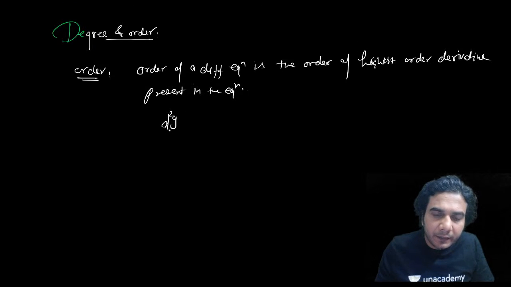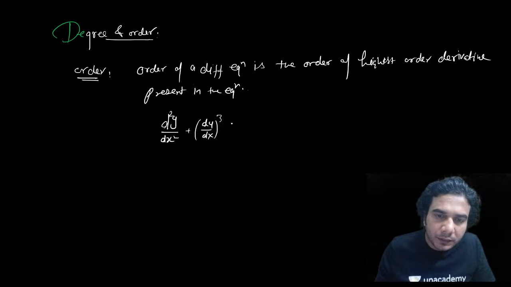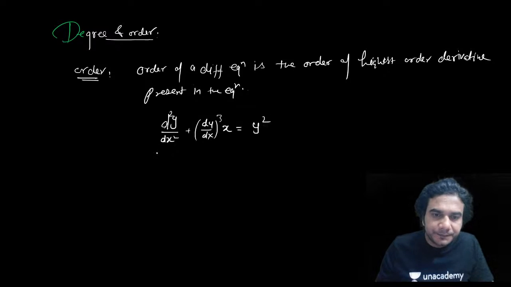Like if I write d2y upon dx2 plus dy by dx whole cube into x is equal to y square. What is the order of this?